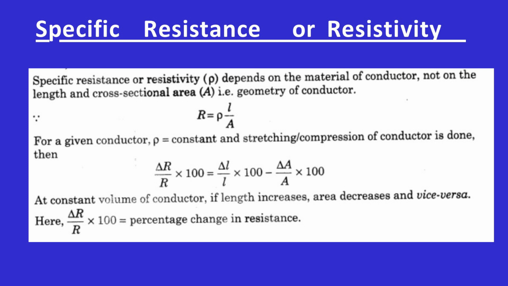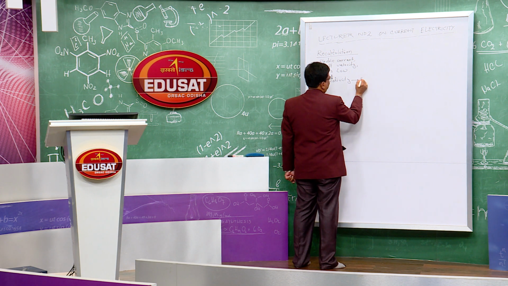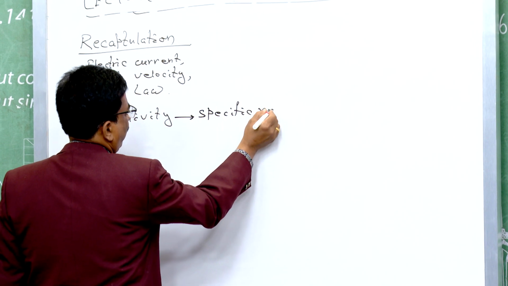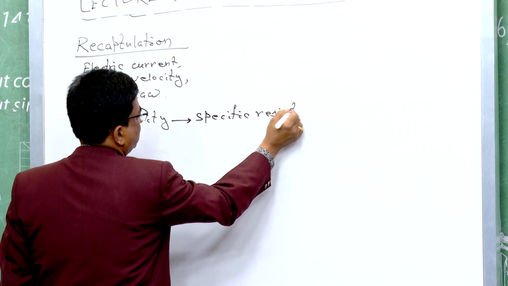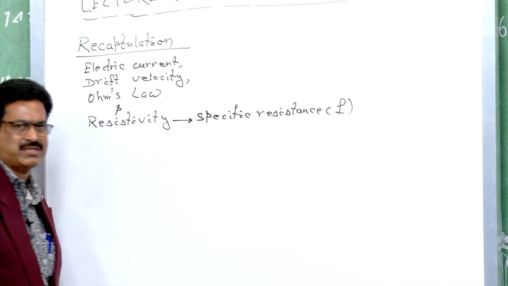Next one is the specific resistance or the resistivity, about which we discussed in our last class. Resistivity, whose other name is also specific resistance, is represented by the symbol rho.